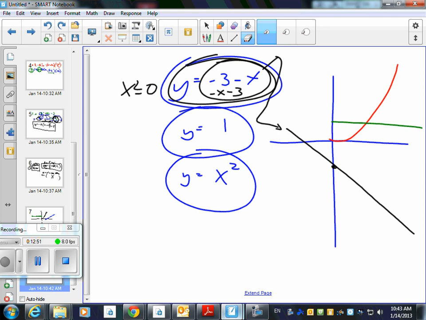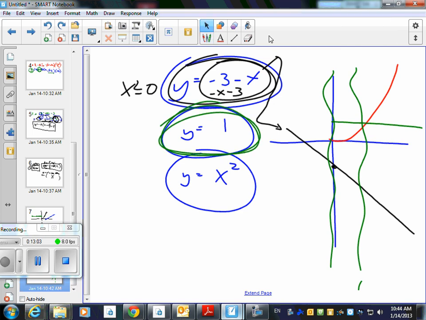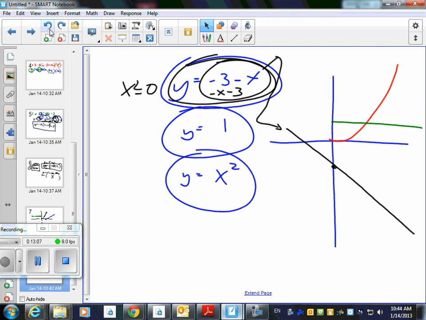So then the next one is y equals 1 between 0 and 1. So that means like between here and here, it's this one.